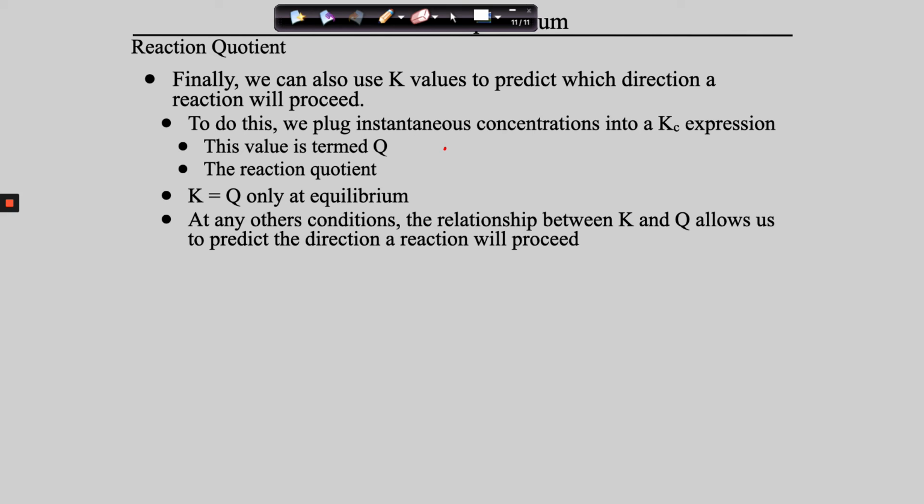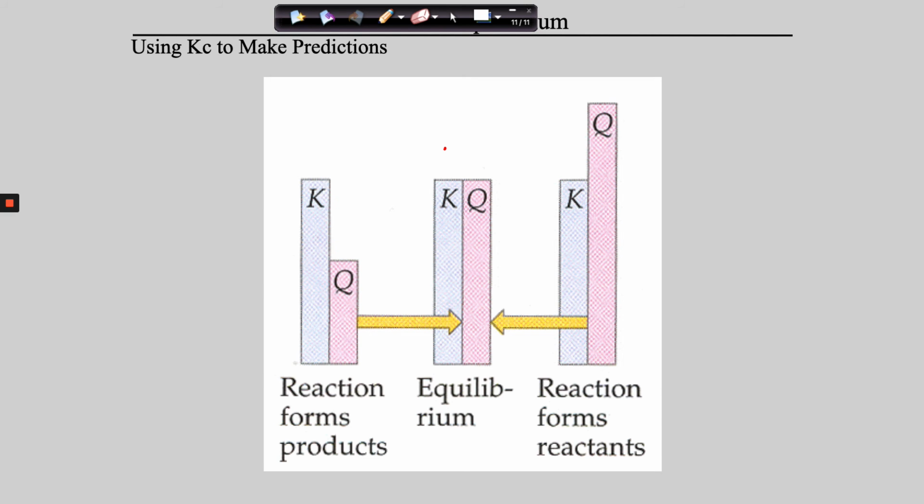So this is not enough, but it's not bad. Guys, this is the way the book represents it. Understand that this is not really like products and reactants. It's simply a measure of relating Q to Kc. So the idea is this. Over here, Kc is bigger than Q. So guys, if Kc is bigger than Q, which is too big? The denominator.